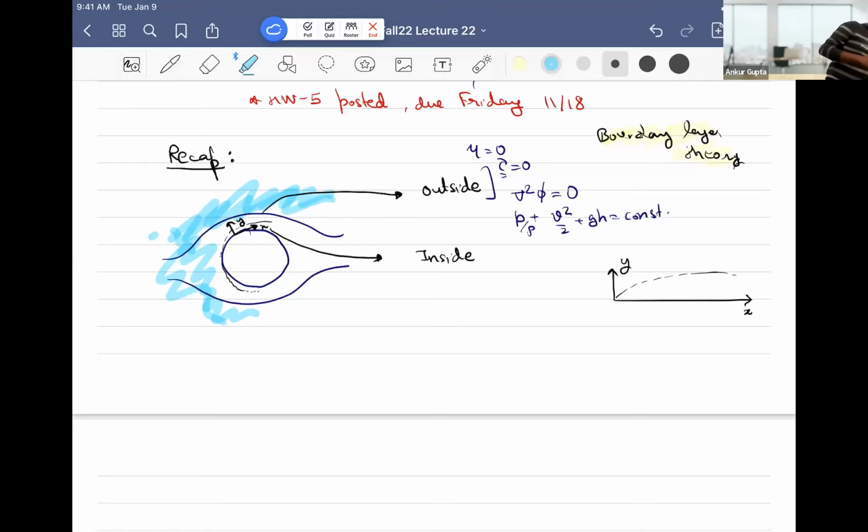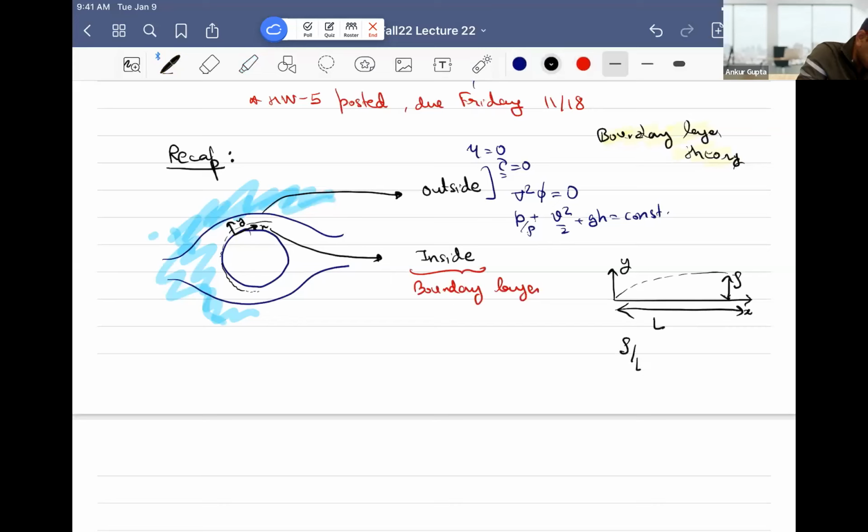This is what you did in part 2 of the course, the outside problem. And then inside, we defined the boundary layer region, where we said there is some boundary layer thickness delta. We showed last time that delta by L is the inverse of the Reynolds number to the power of half, which is 1 over (rho u L by mu) to the power of half.